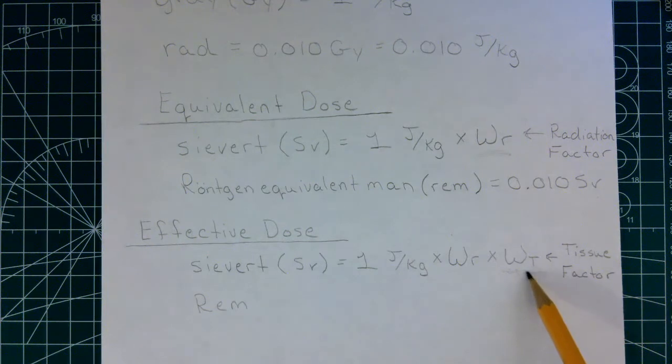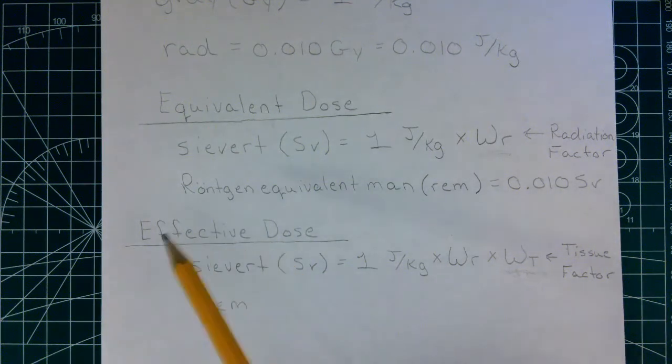So we need this factor here to determine how dangerous it is, given that only a portion of you has been irradiated, and what your danger level is. We still have a REM that again is equivalent to this as 0.01 sieverts for the effective dose.